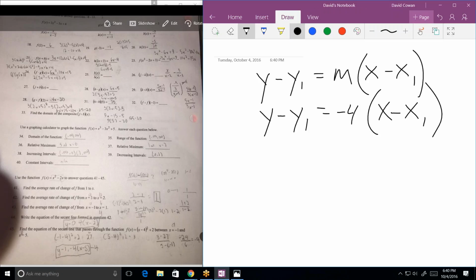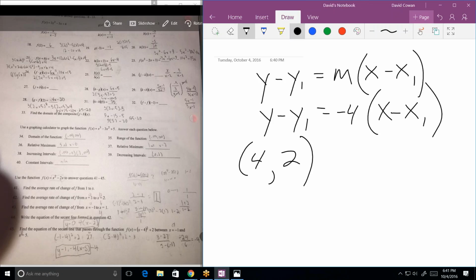If x is 4, what's y? X is 4. Plug in 4 for x. What do you get? 2. Yeah. So there's a point that's on my curve, 4, 2, right?